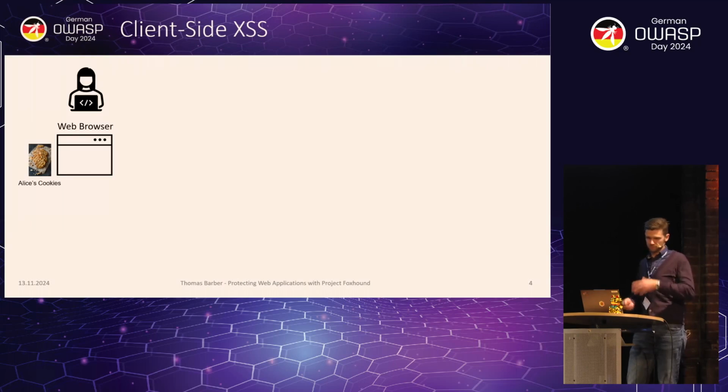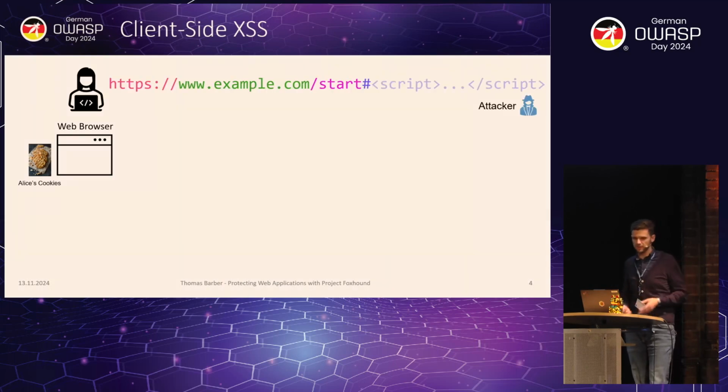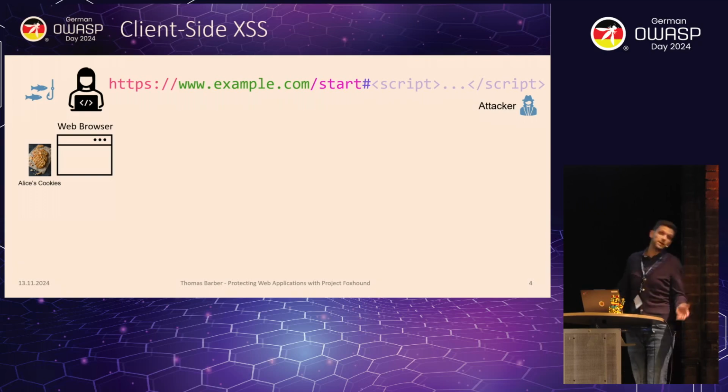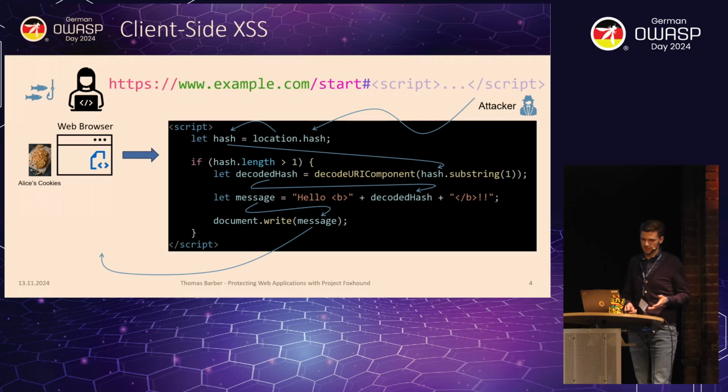So in the case where we have the same setup, we now have an attacker crafting a URL to our same site. So everything looks good, except they've put some HTML tags inside this hash. And they distribute it via some sort of phishing email so that our user clicks on that link. So the code that's loaded is the same. The data flow is the same.